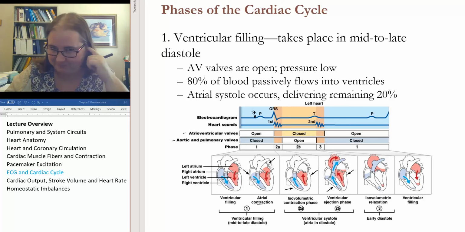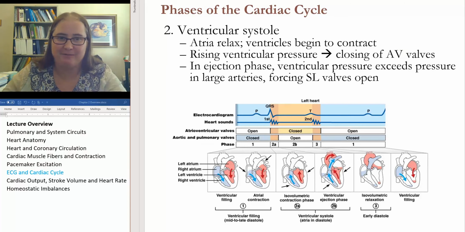Our second step is ventricular systole, ventricular contraction. That makes sense. Our ventricles are full. Now again, don't look at the picture. Let's just think about this. Our ventricles start to contract. Remember, this is a closed circuit.